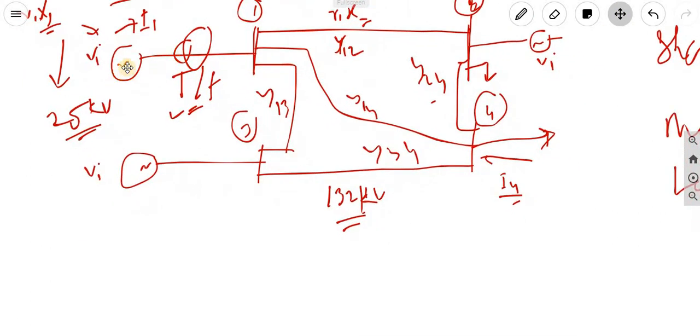Now if this is a voltage source, how could we represent it? Suppose I am presenting 1 volt. Suppose here it is a voltage source.